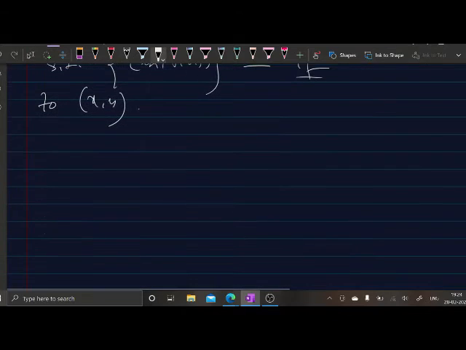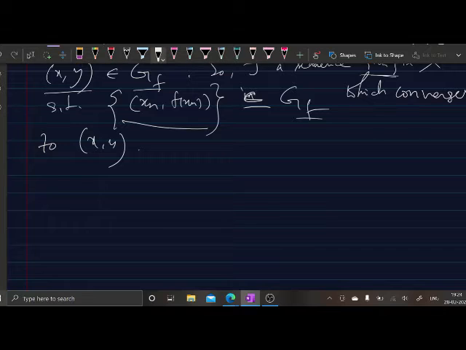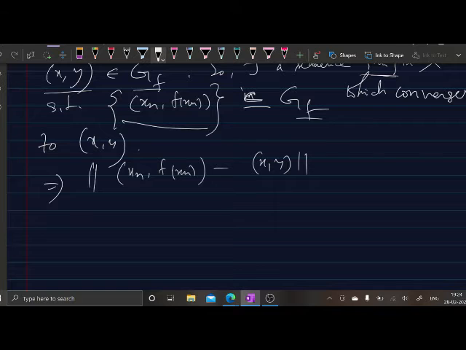So since this sequence converges to (x, y), this implies that if you take the norm of (x_n, f(x_n)) minus (x, y), that should tend to 0 as you take n to infinity.